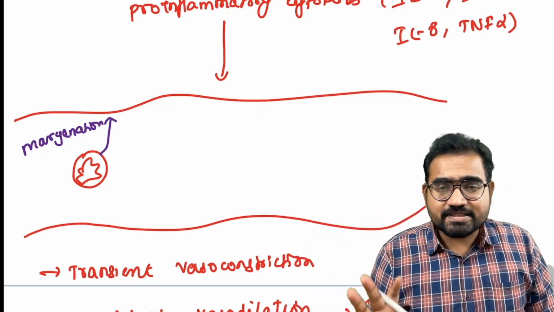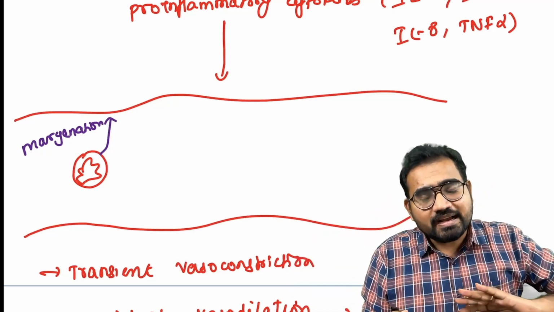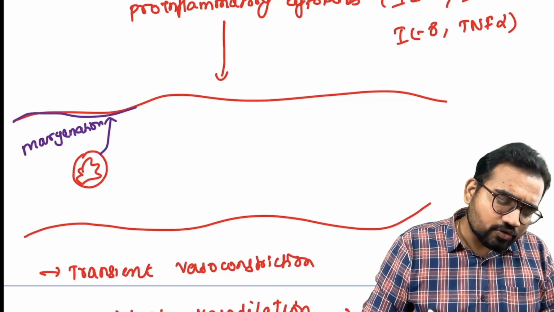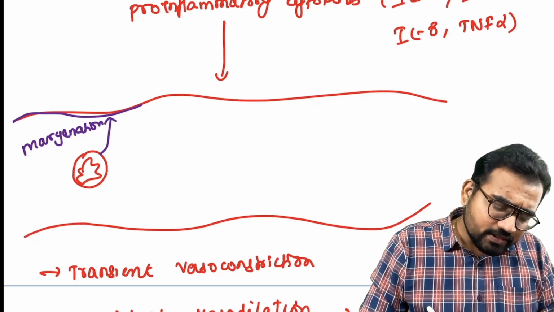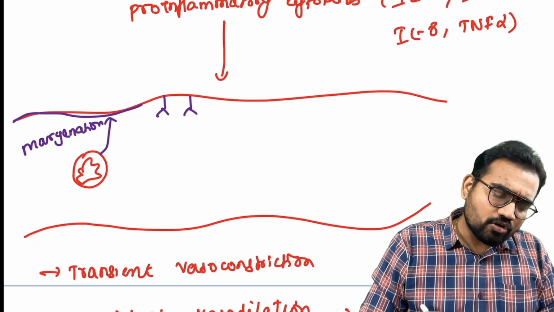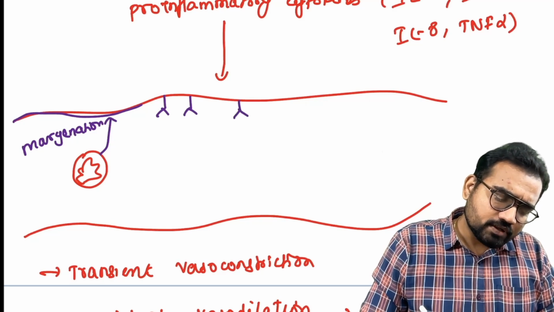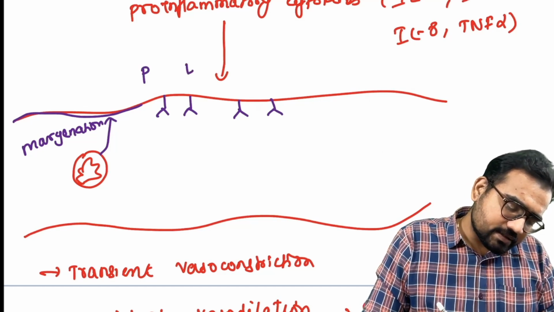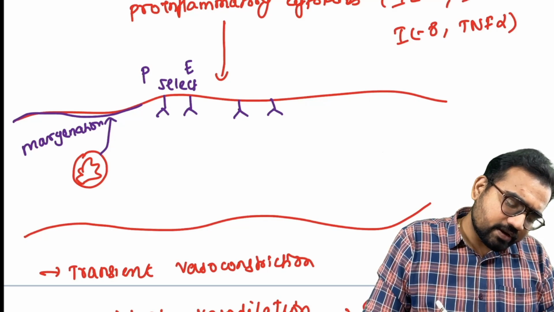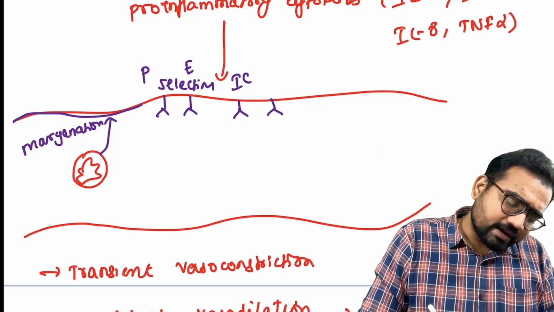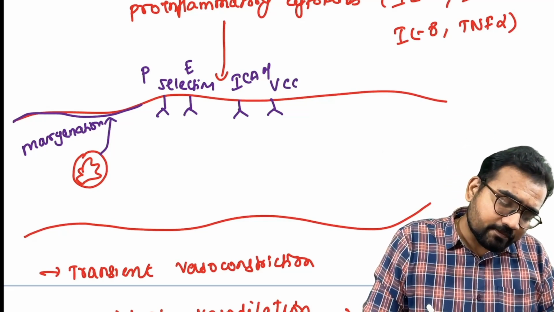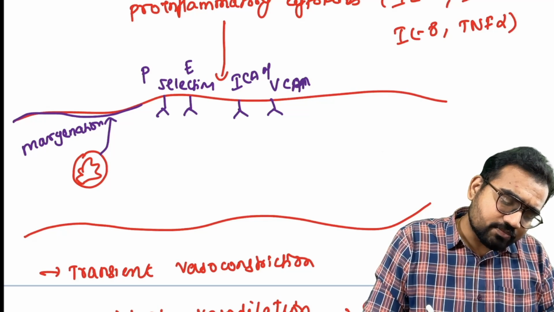Because of the stasis, the neutrophils attach to the walls of the endothelium. In the walls you will have a lot of receptors, for example P selectins, E selectins, and then ICAM, intercellular adhesion molecules, and VCAM. All these are adhesion molecules.